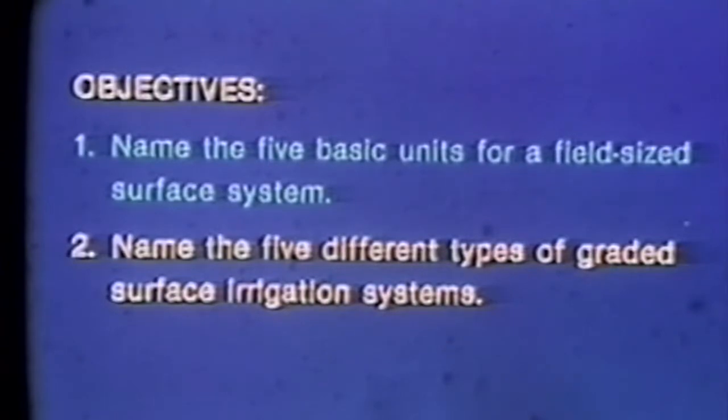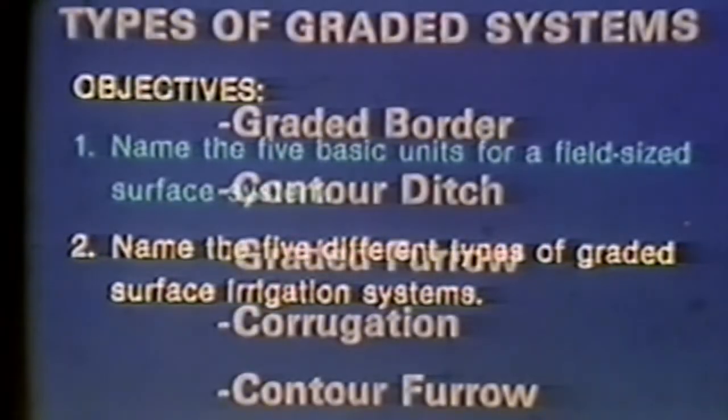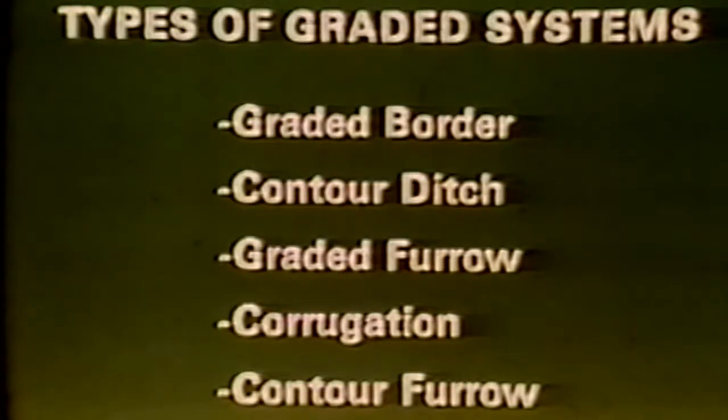The 5 different types of graded surface irrigation systems are graded border, contour ditch, graded furrow, corrugation, and contour furrow.